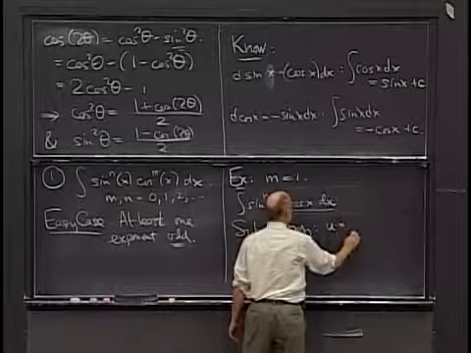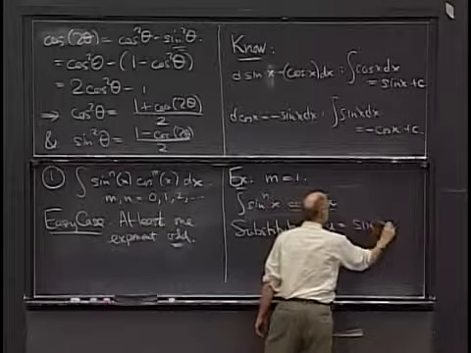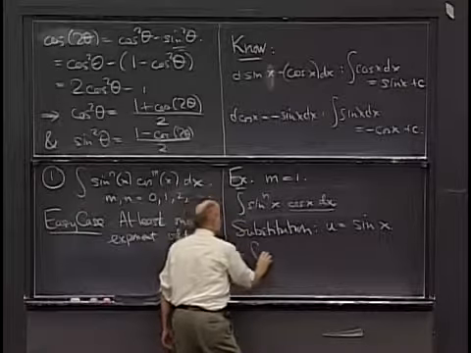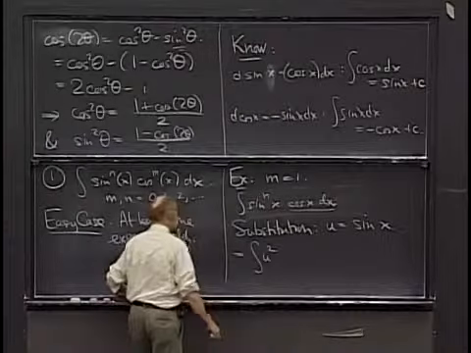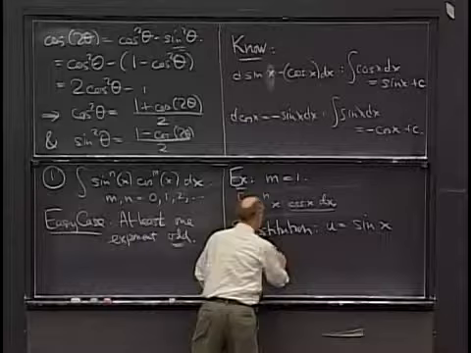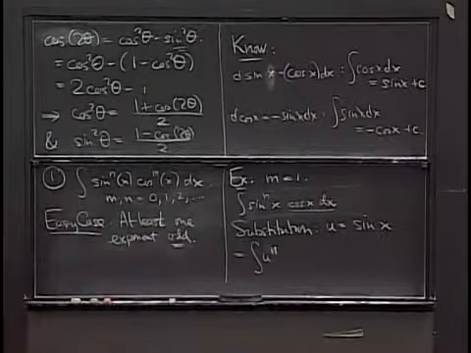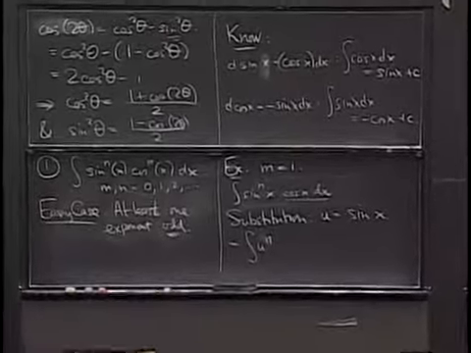And the substitution is going to be u is the sine of x. And here's why. Then this integral that I'm trying to do is the integral of u to the n. That's already a simplification. And then there's that cosine of x times dx.